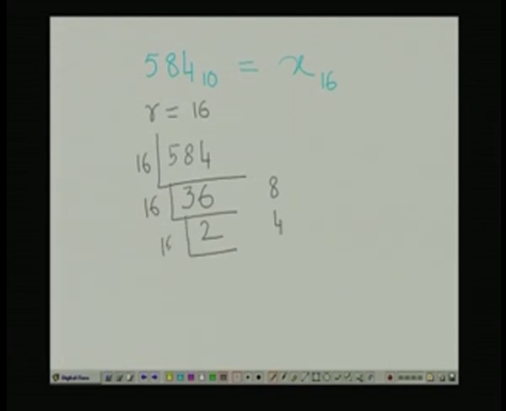Again we divide, quotient is 0, remainder is 2. As the quotient is 0, we stop the division, and taking the remainders in reverse order, 584 in decimal is 248 in base 16. So this is my hexadecimal conversion.